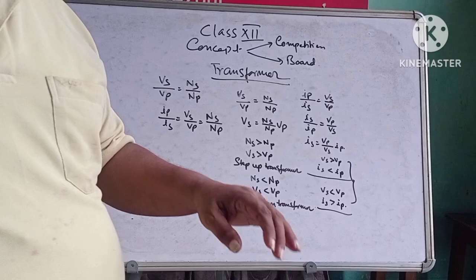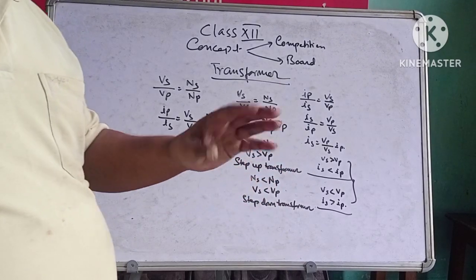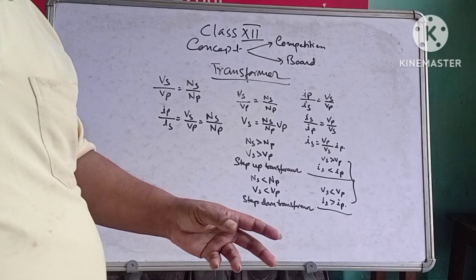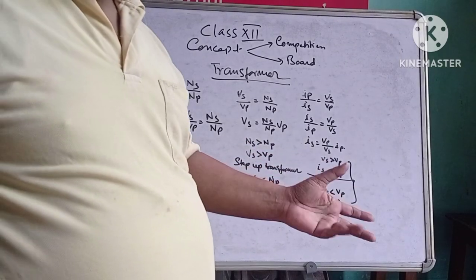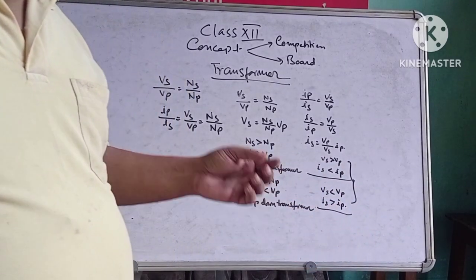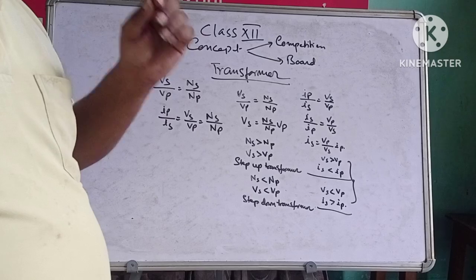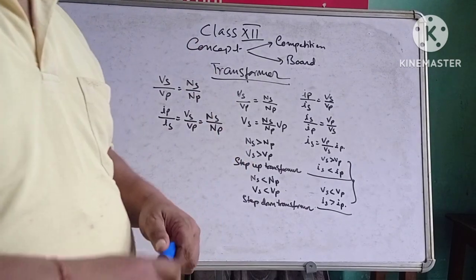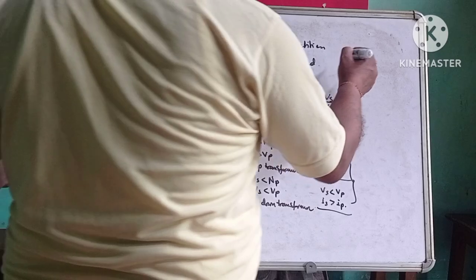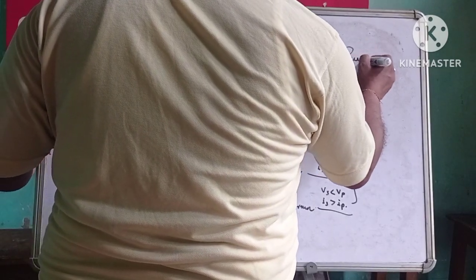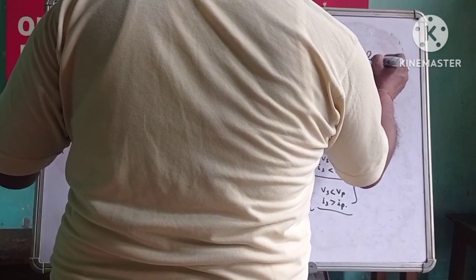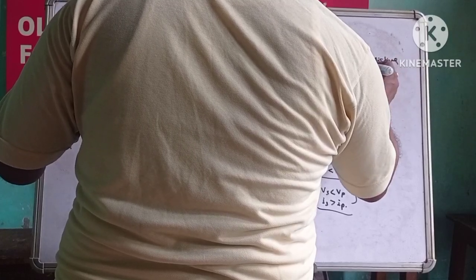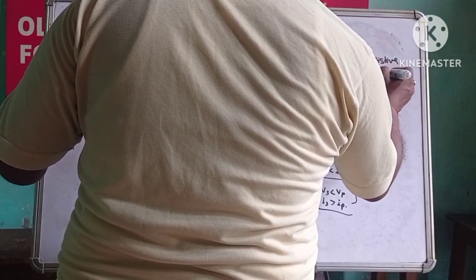Because if you apply Ohm's law, V is proportional to I, that means as potential increases, your current must increase. But Ohm's law is applicable only to a purely resistive circuit.